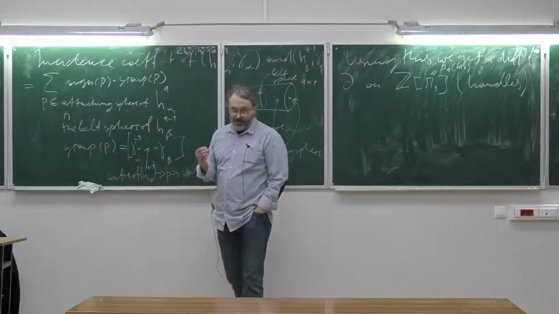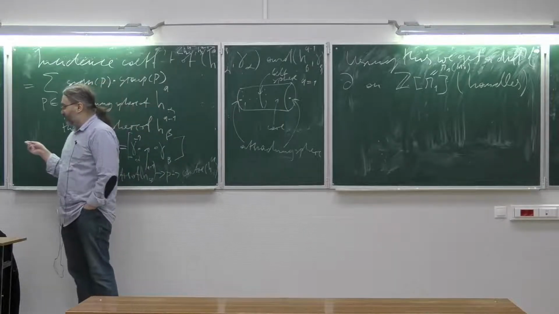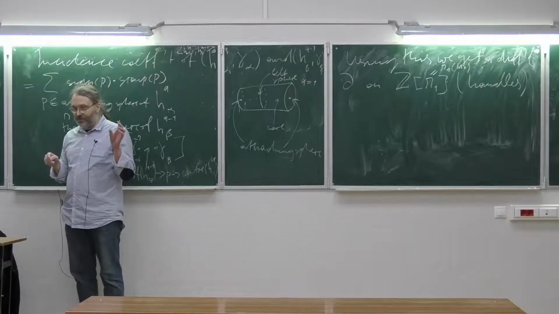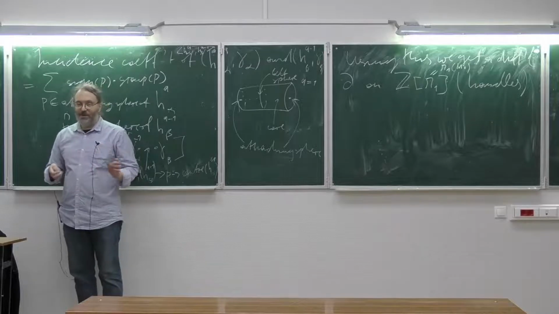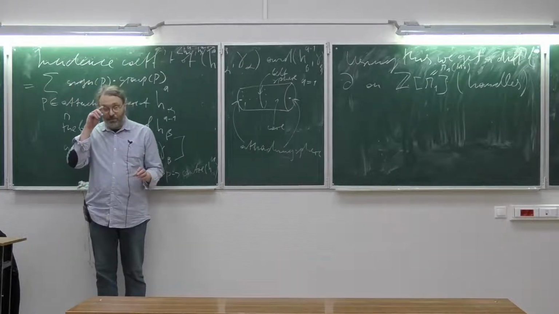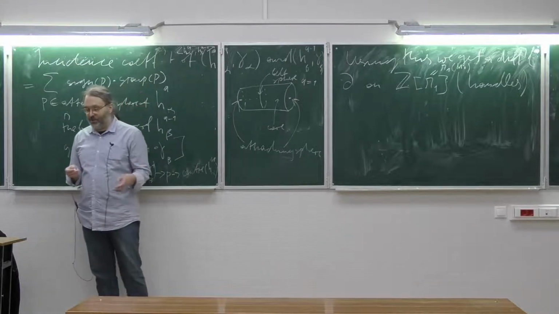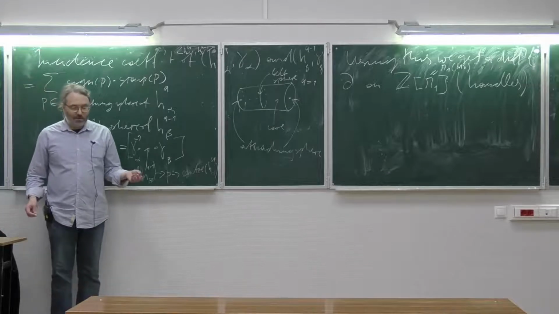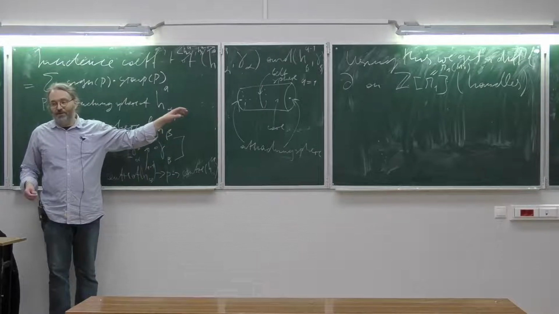Some people write the result of concatenation of loops in this order, and some use the opposite order. It's very confusing. Anyway, first you can make a loop and then you make a path.